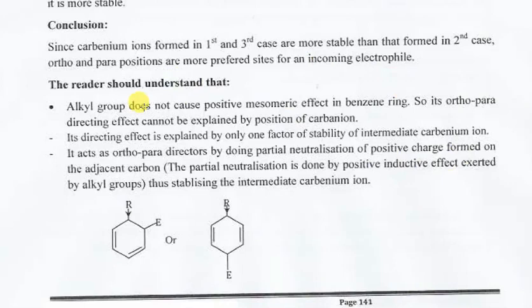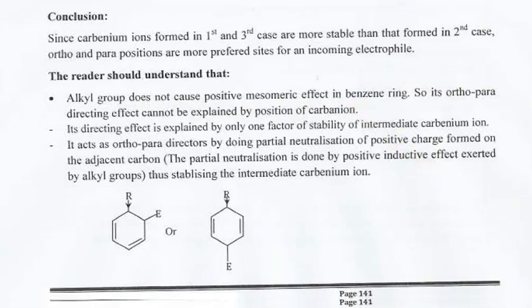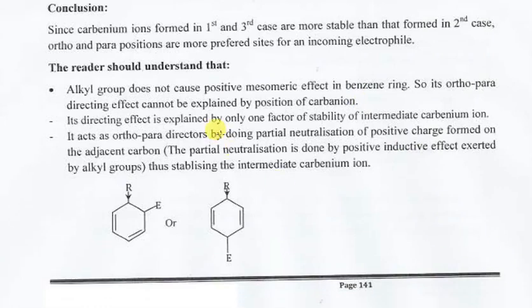So the reader should understand that alkyl group does not cause positive mesomeric effect in benzene ring, lakini zinasababisha ni positive inductive effect. So its para directing effect cannot be explained by position of carbanion or the position of the negative charge in mesomerism. So its directing effect is explained by only one factor of stabilizing the intermediate carbonium ion.